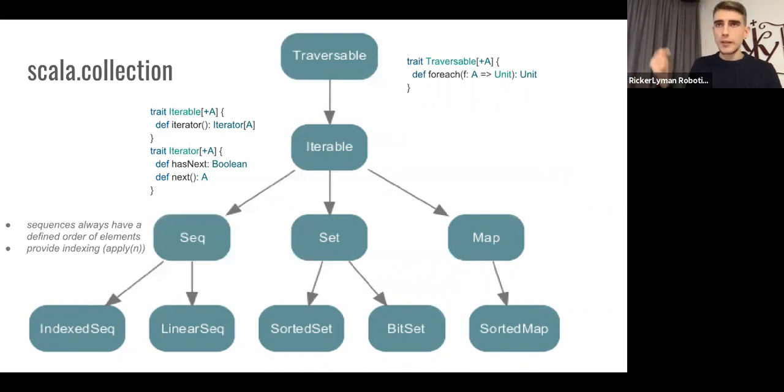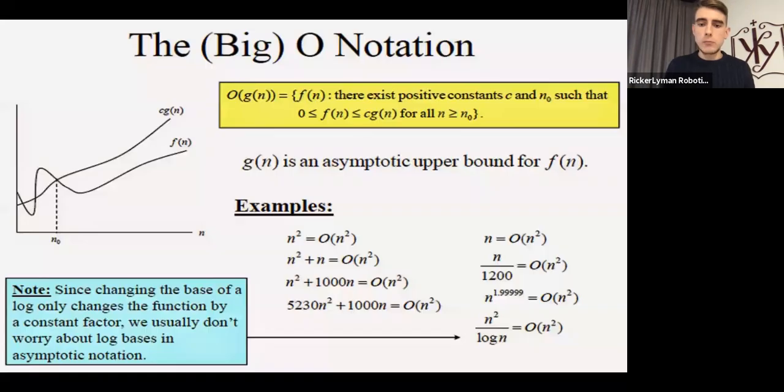For instance, a List that we used a lot lies under the linear sequence. When we say there is linear time of accessing elements, we speak about function complexity, and there is big O notation for that. Probably you're all aware of that.